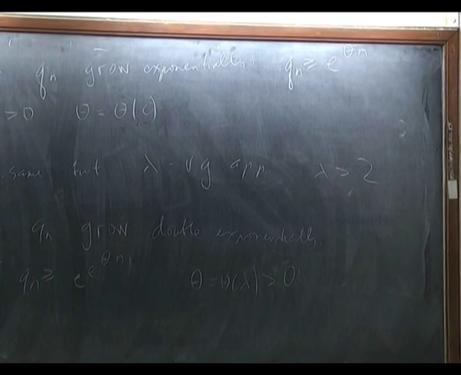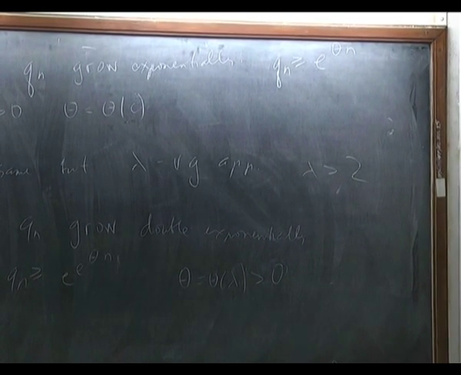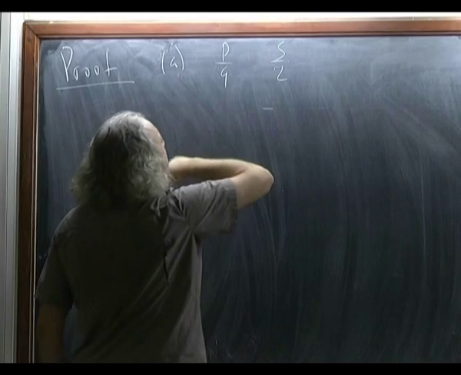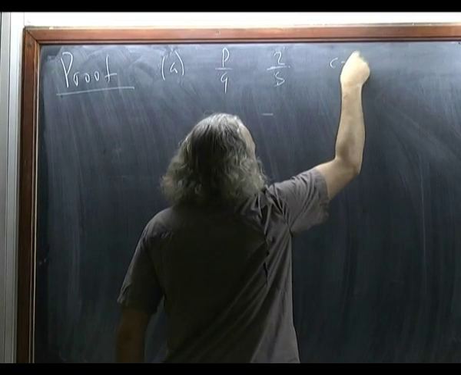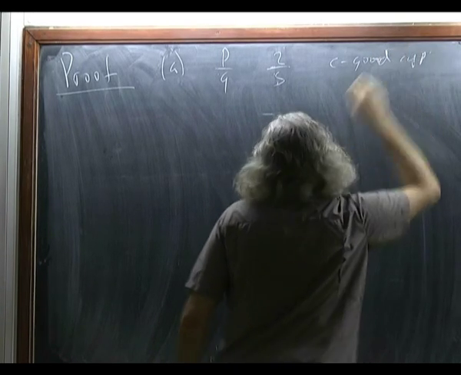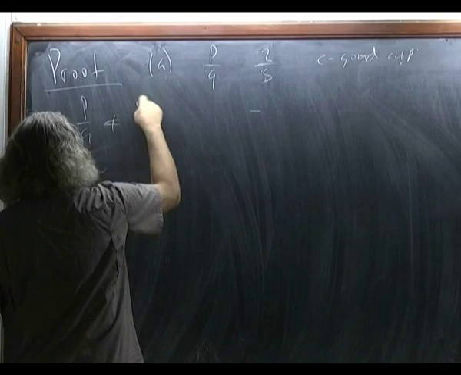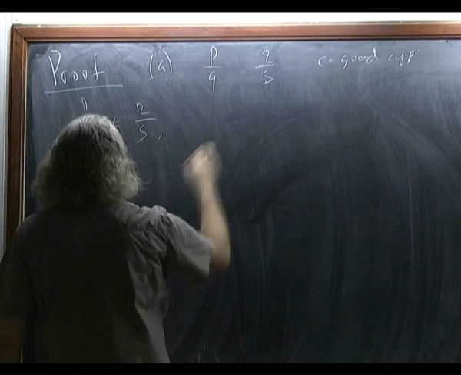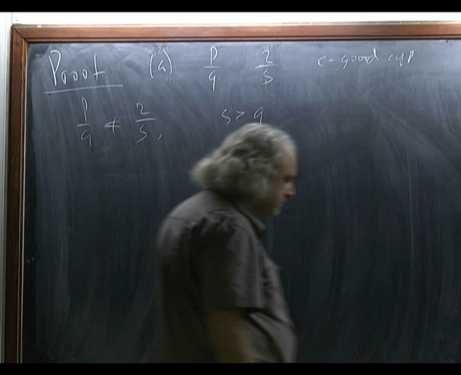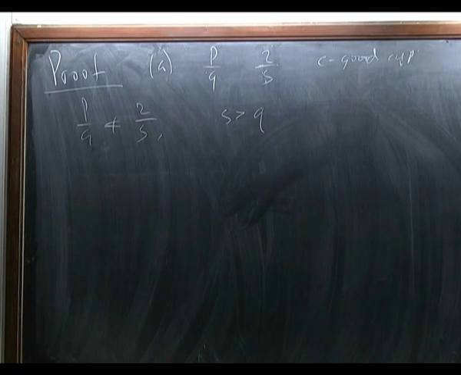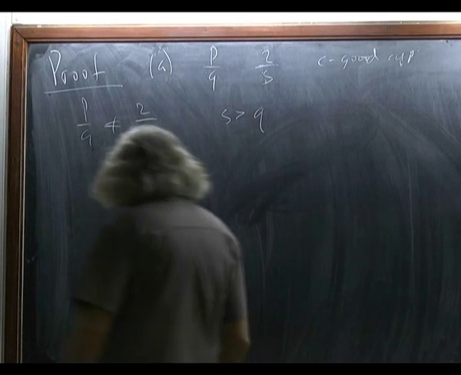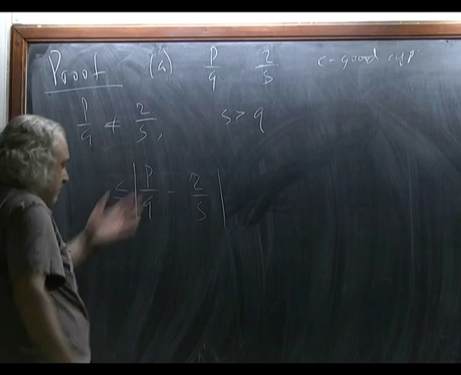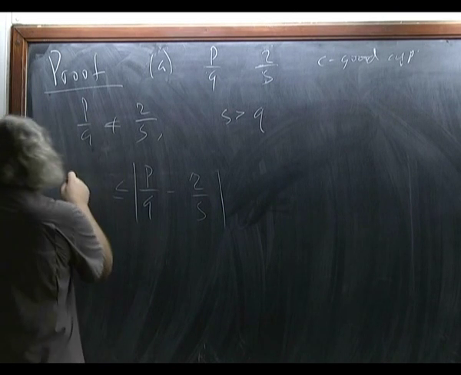Good. So, proof of A. Let P over Q and R over S be two distinct C good approximations, and assume that say S is bigger than Q. Then what we have, if we take the difference: on the one hand, by the main theorem of number theory, it is this.